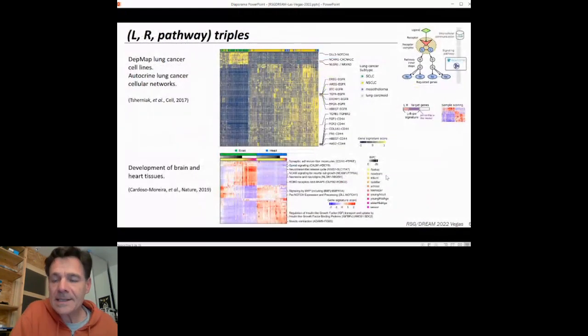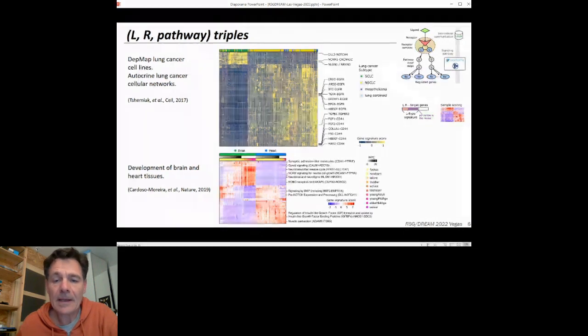If we apply this to two data sets to show how it works, we start first with cancer cell lines. That is, we predict autocrine interactions. There is no microenvironment. These are lung cancer cell lines.